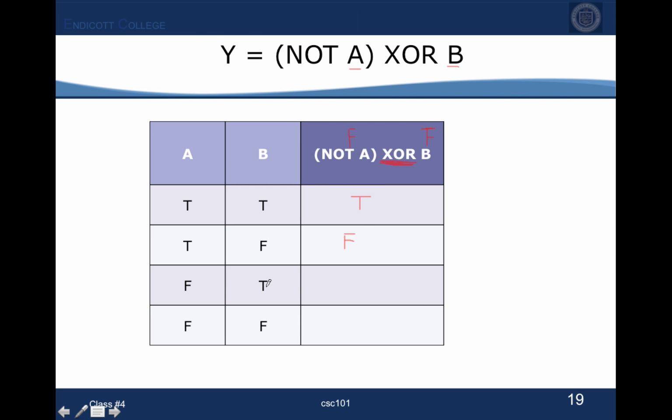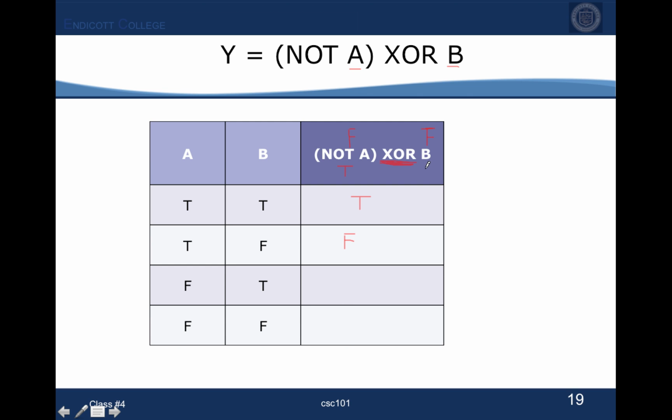All right, so then I'll try my last two guys down here. So false, true. Okay, so A is false, B is true. So I'm going to do this sort of underneath maybe. So I'm done with that stuff up there. So A is false. So not A would be true. Okay. And then B is true in this case.